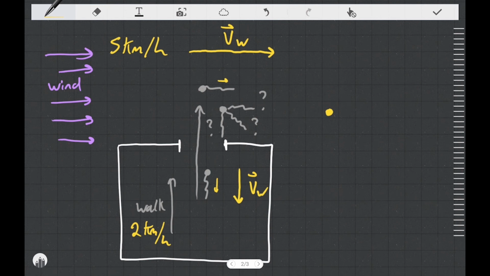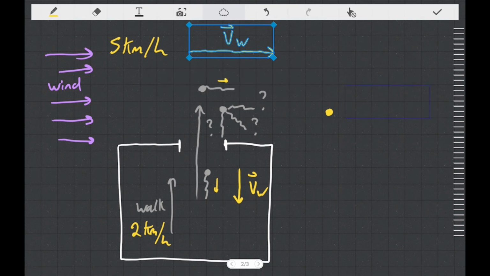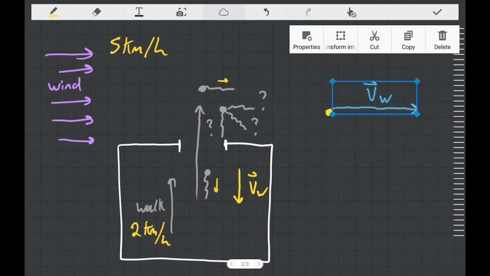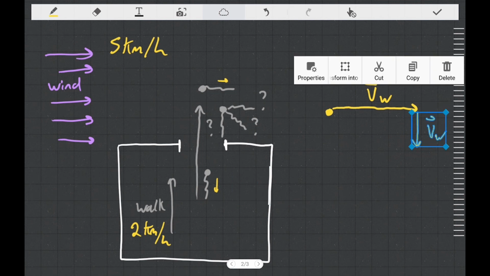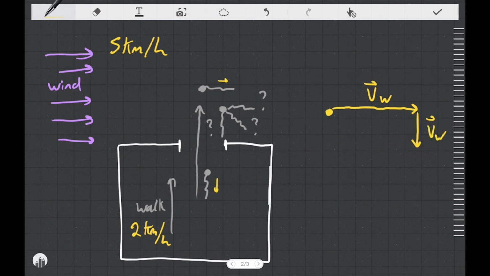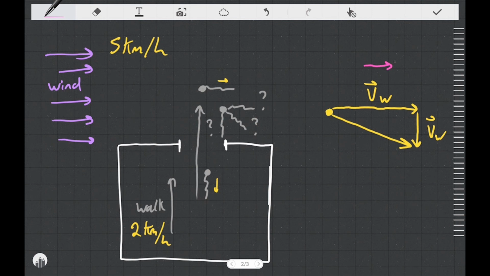And it seems to me that it's going to blow in the direction of the wind vector. So we're going to take our 5 kilometer per hour wind vector and add it to our 2 kilometer per hour downwind vector. And what does it tell us? It tells us that the streamer is going to blow in a direction that's combined between the wind and the walking.